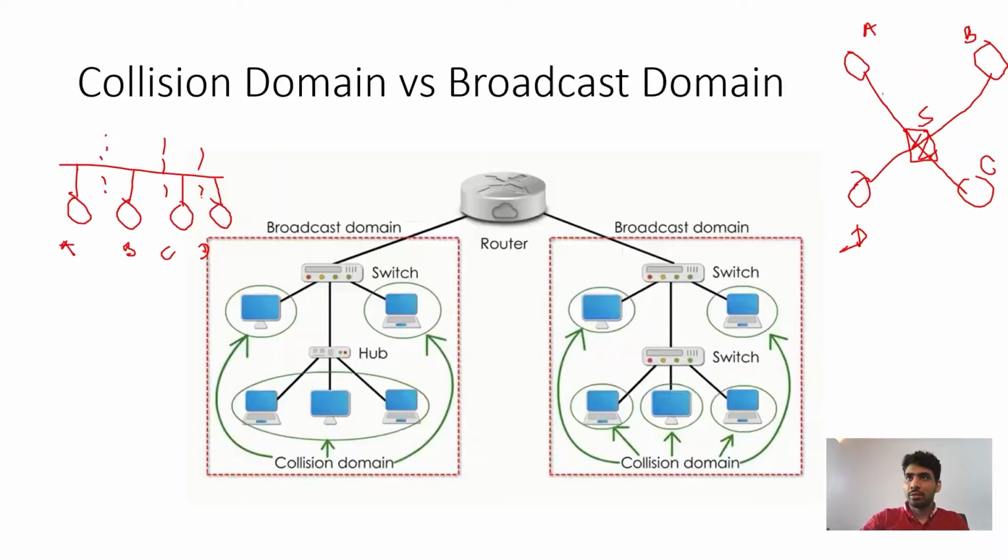When A wants to send something to B, the switch gets the message from this port, checks to which device it should be transferred, and transfers it to that device. So it won't go to these other 2 collision domains.